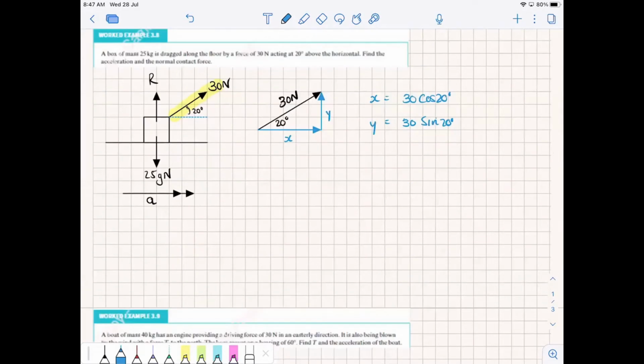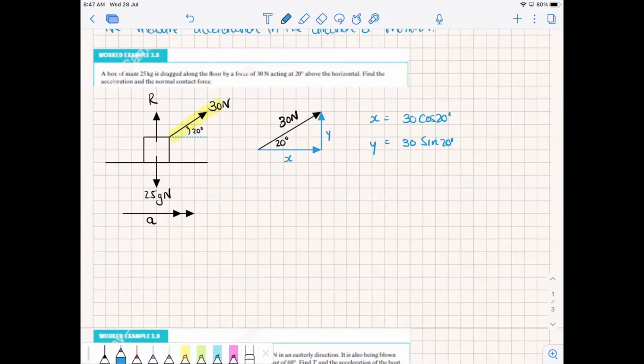So I'm going to ignore the vertical components and I'm only going to concentrate on the horizontal components because those are the ones causing the acceleration. Okay. So using the simple formula that force is equal to mass times acceleration, let's look at the forces causing the acceleration.